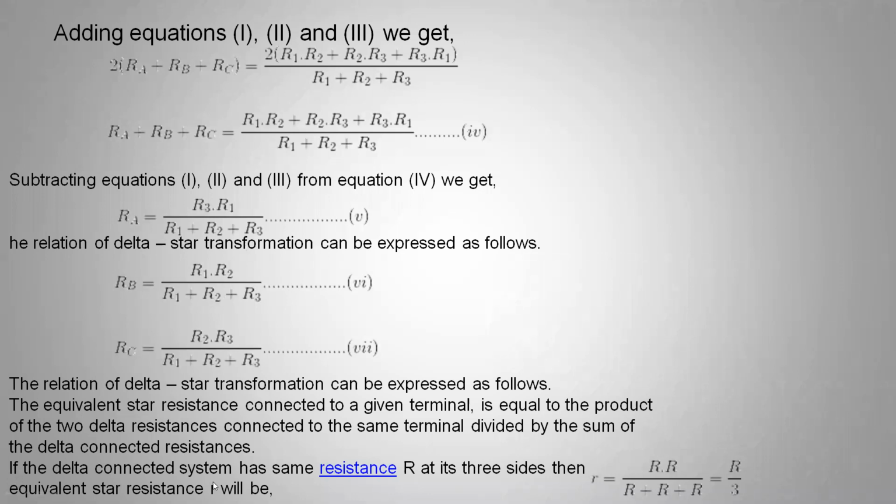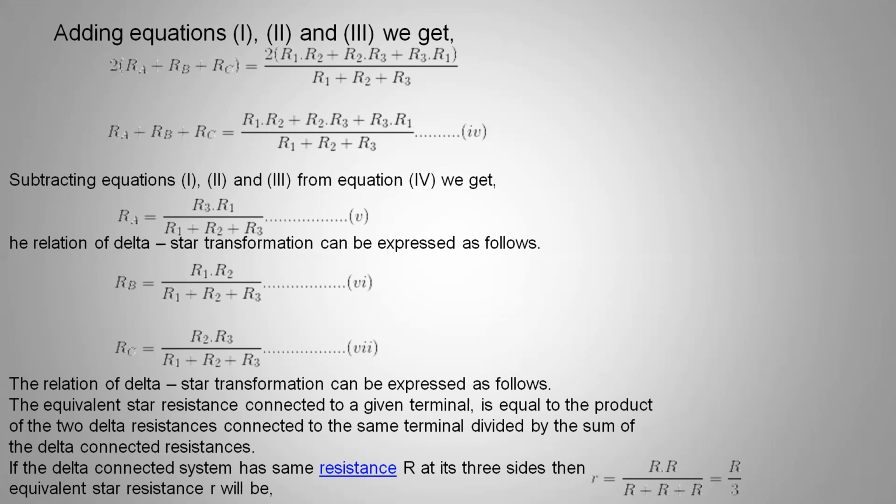If the delta connected system has the same resistance on its three sides, for example, A to B resistor is 2, B to C resistance is 2, and C to A resistance is 2.